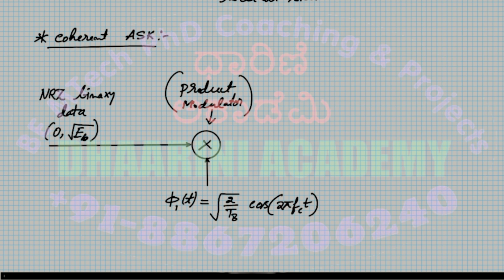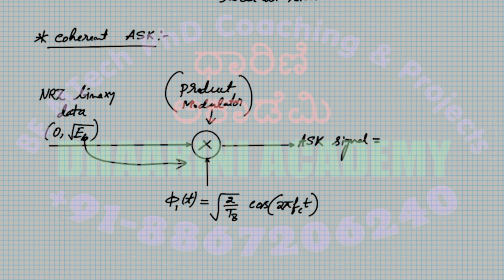Okay, fine. Now you see the output itself is called the ASK signal, the amplitude shift keying signal. What is it? So this is equal to, it gets multiplied whenever EB comes into this. EB comes means you have a product, 0 comes means no product. That's what we considered as our waveform, right? When we try to plot, that's what our waveform is.